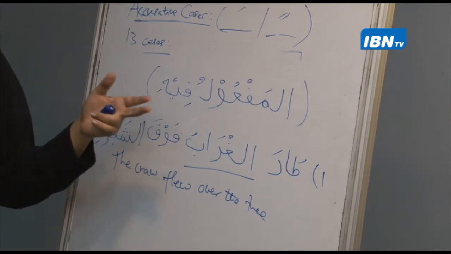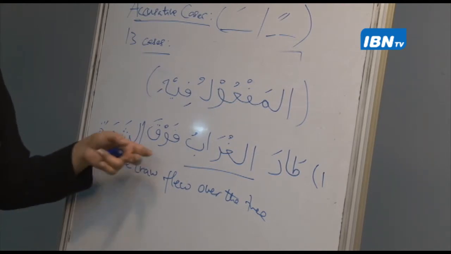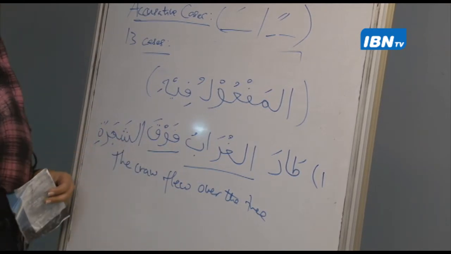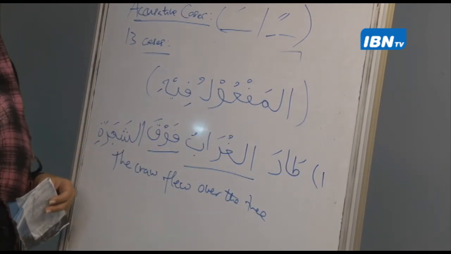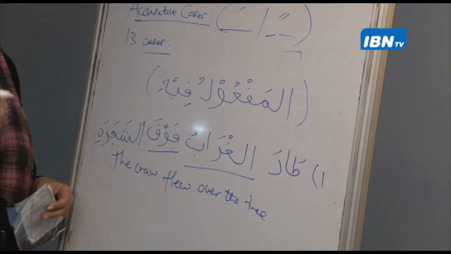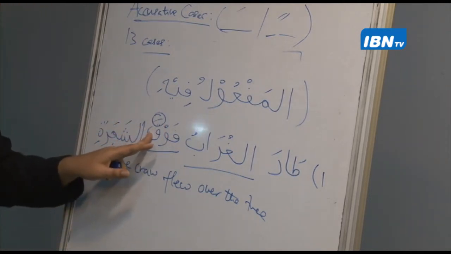So when we were looking at prepositions, we had ala, we had fi, we had tahta, we had fawqa. Fawqa means over. So you notice in a sentence, these what you call maf'ulu fihi, they will always have a fatha.